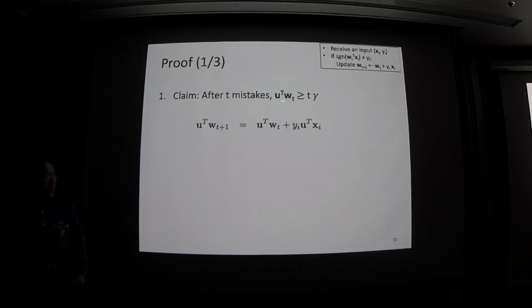So why should we use t to index the current weight vector? In other words, why can we use the number of mistakes to index the weight vector?